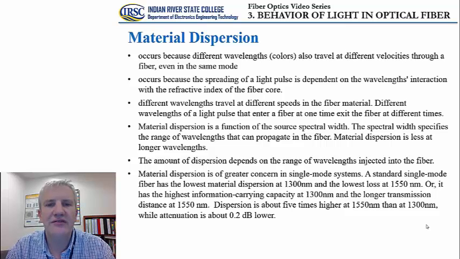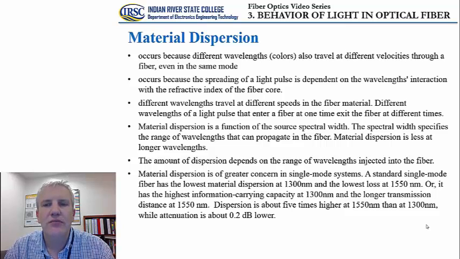In other words, there is a whole range of wavelengths around the basic wavelength that's being used to propagate the light along the optical fiber. And each of these specific wavelengths in a certain range are going to have different velocities.